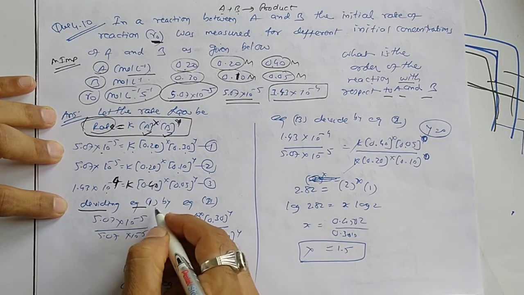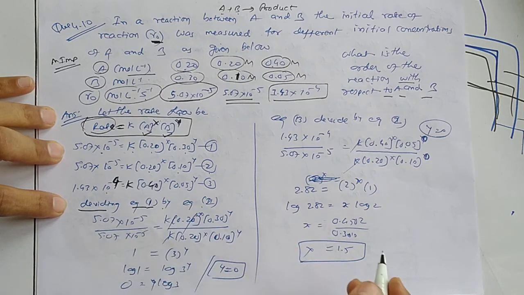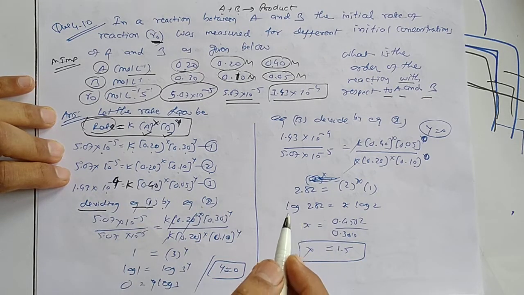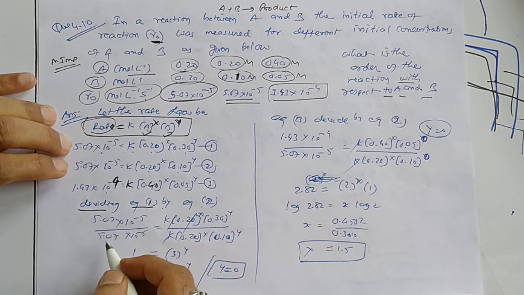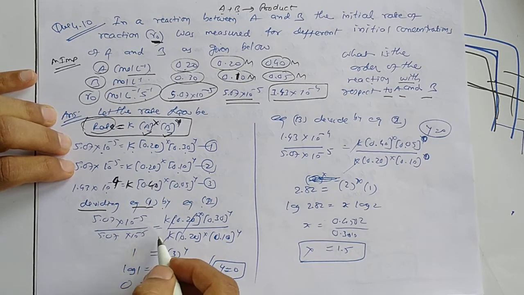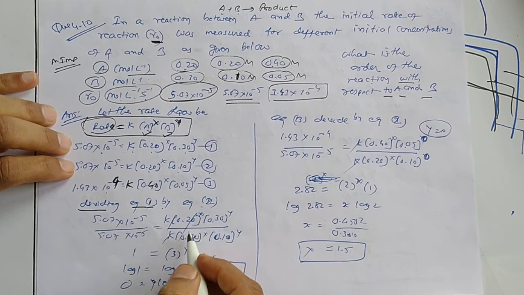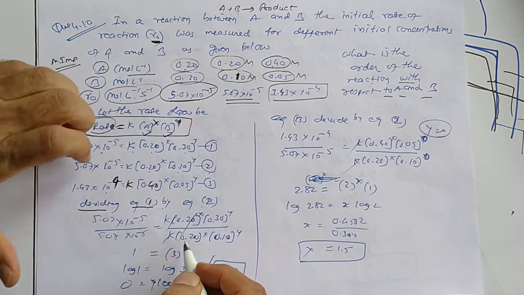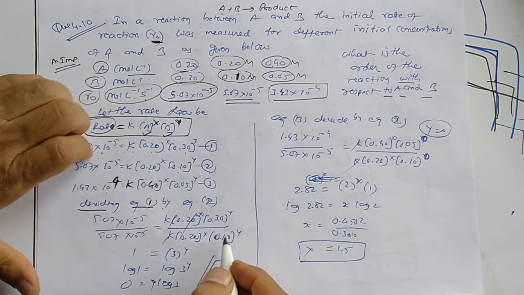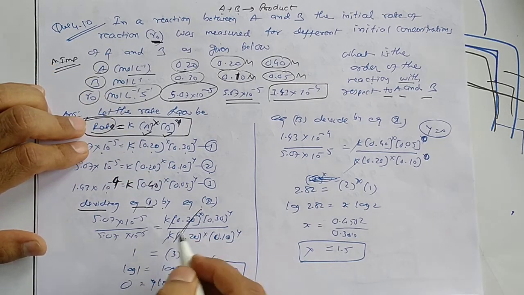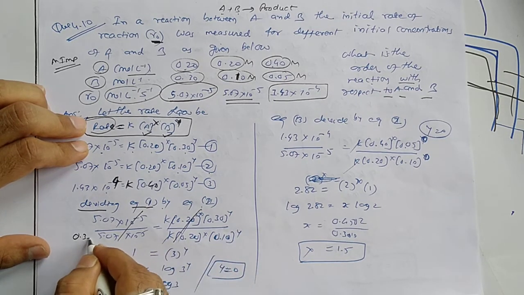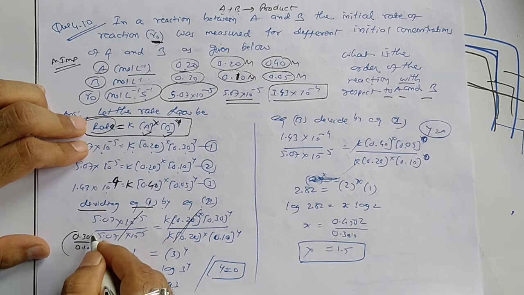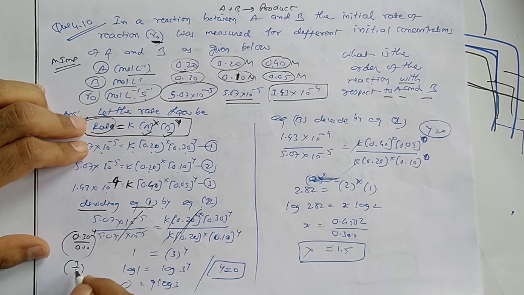Dividing equation first by second: 5.07 × 10^-5 over 5.07 × 10^-5 equals K, 0.20 raised to x, 0.30 raised to y, over K, 0.20 raised to x, 0.10 raised to y. K cancels, 0.20 raised to x cancels, and the left side is 1. So 1 = (0.30 upon 0.10) raised to y, that is 3 raised to y.